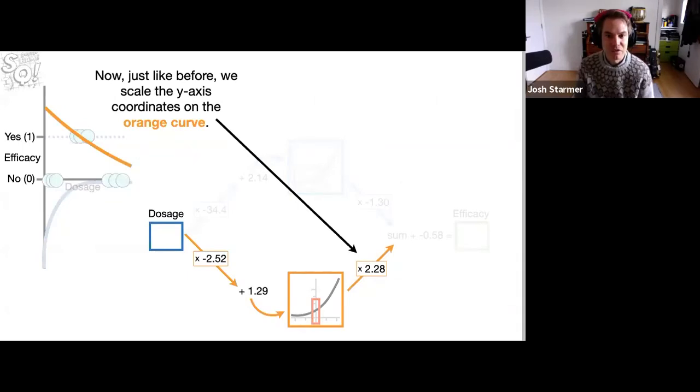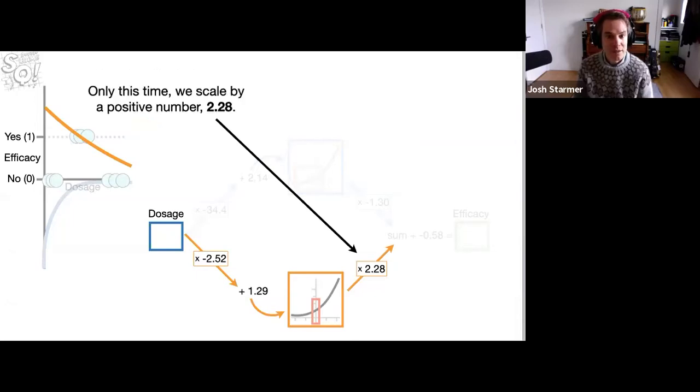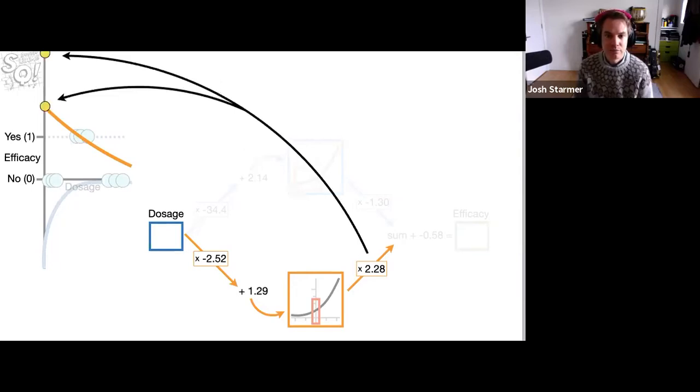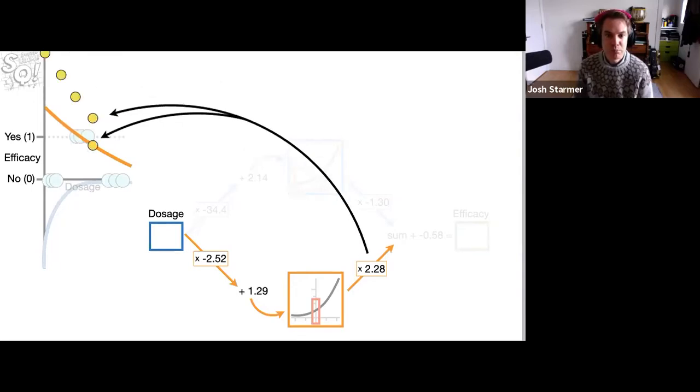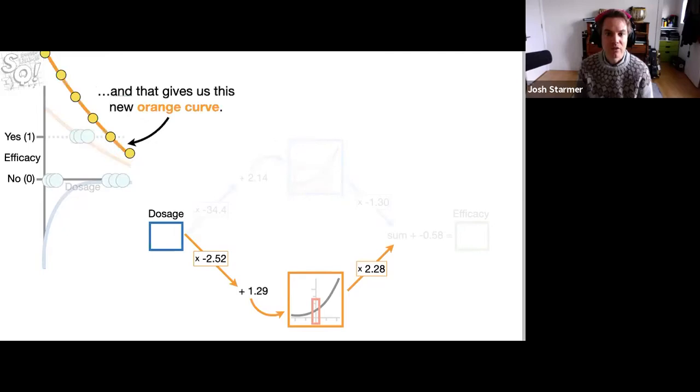Now, just like before, we scale the y-axis coordinates on the orange curve. Only this time, we scale by a positive number, 2.28. Beep, beep, beep. And that gives us this new orange curve.